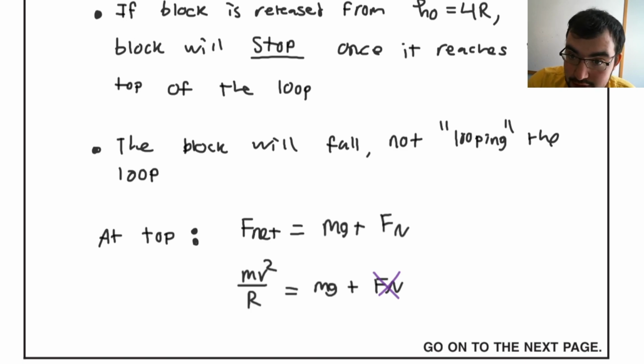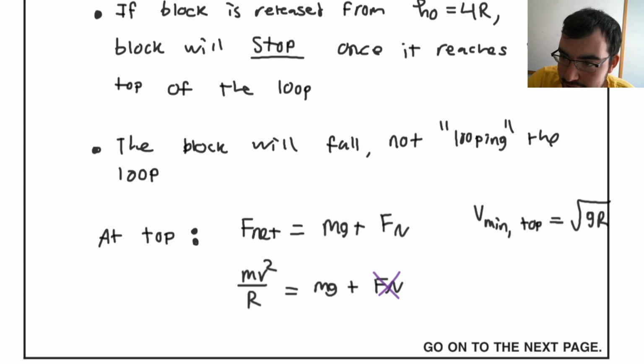So this means that V min at the top has to be equal to the square root of gr, which is definitely greater than 0.